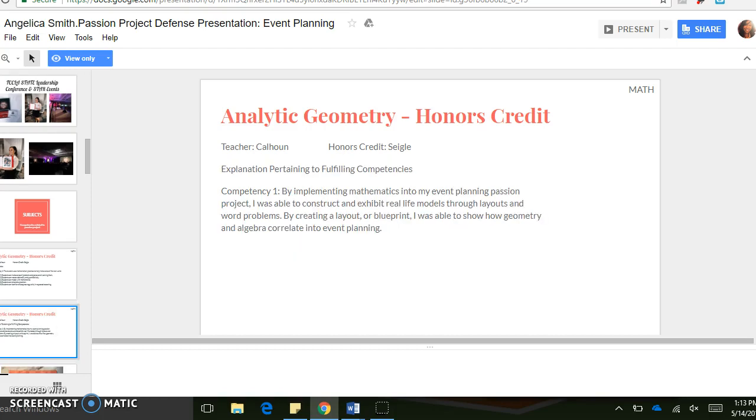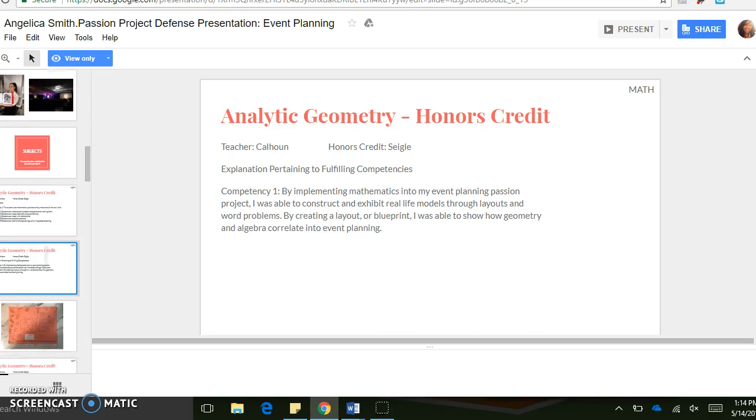For example, she pulled out competency one. She said, by implementing mathematics into my event planning passion project, I was able to construct and exhibit real life models through layouts and word problems. By creating a layout or a blueprint, I was able to show how geometry and algebra correlate to event planning.